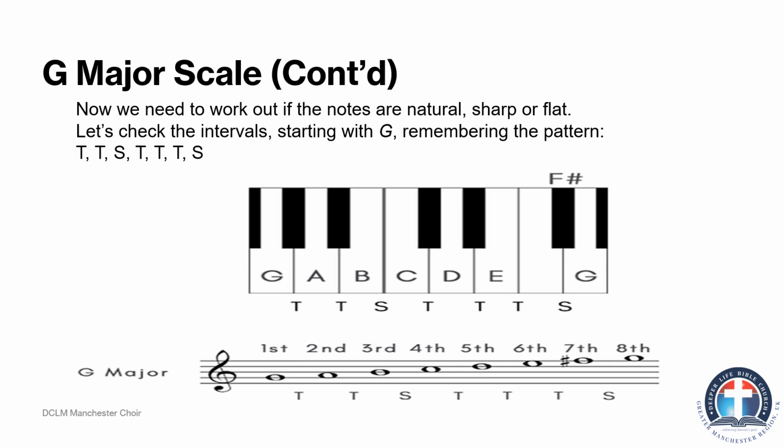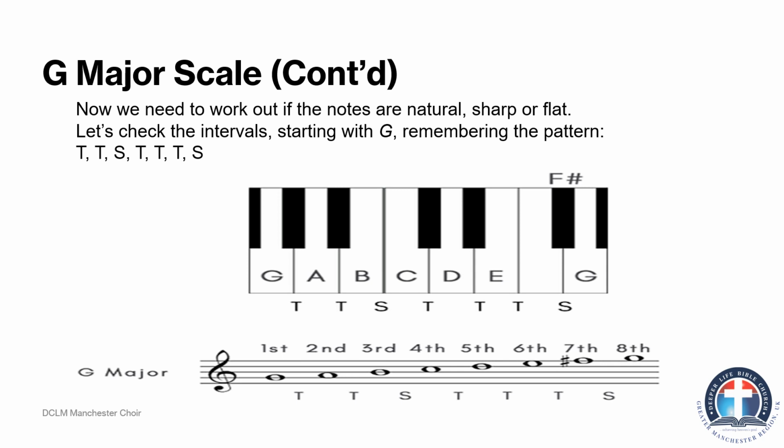Now we need to work out if the notes are natural, sharp, or flat. Let us check the intervals, starting with G, remembering the pattern: tone, tone, semitone, tone, tone, tone, semitone.